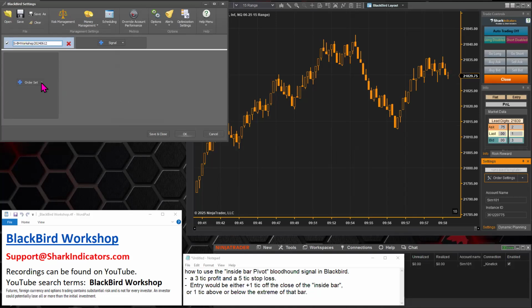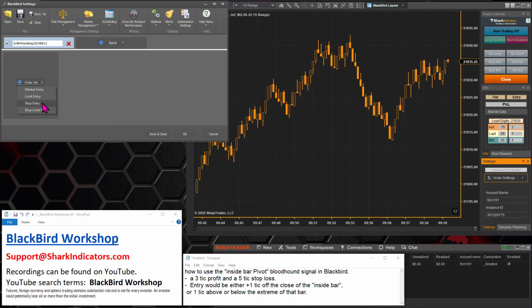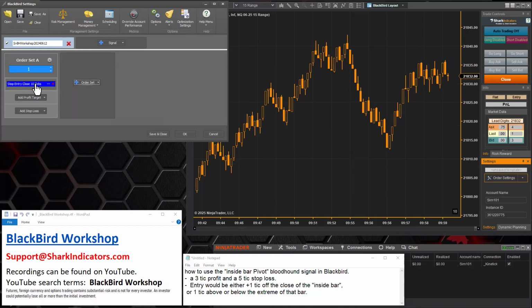Next, let's set up the orders. We want this to be one tick above the close. Technically, that would be a stop entry, so let's create a stop entry.